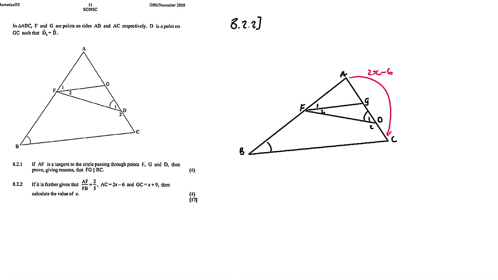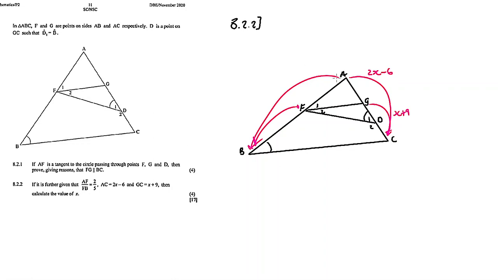Now AC is 2x minus 6, and this is GC, which is x plus 9. The given AF over FB is equal to, but I will need AB as well as FB, but I can calculate FB since AF and FB are given.